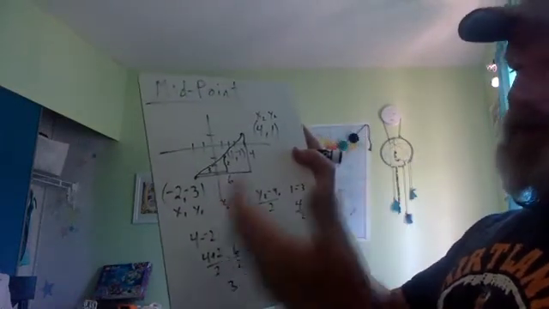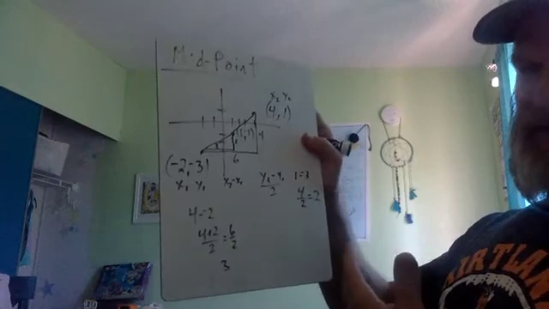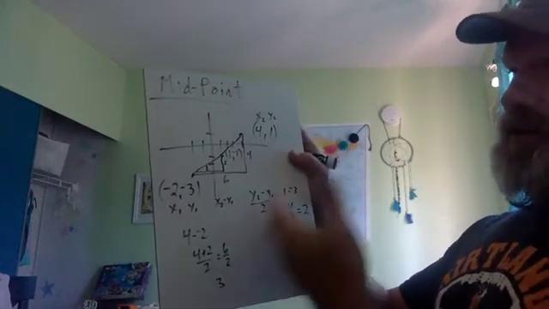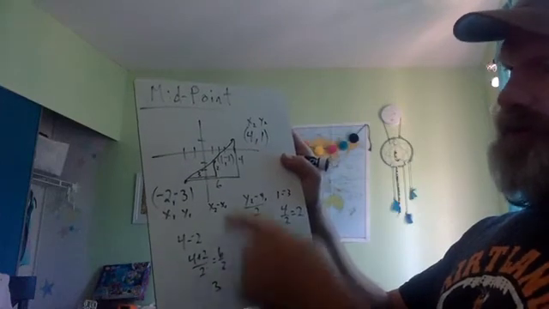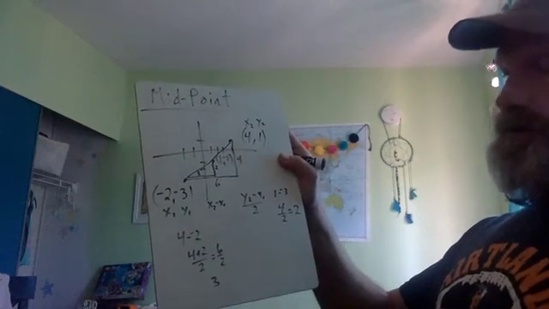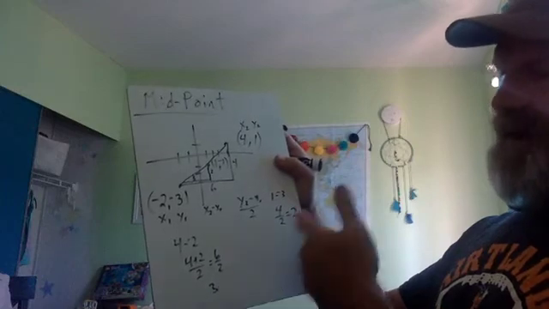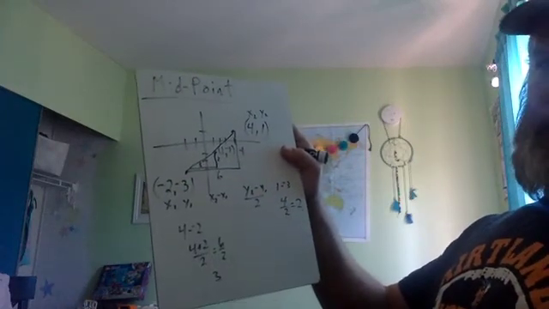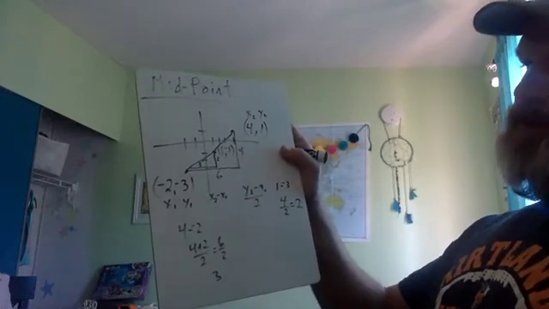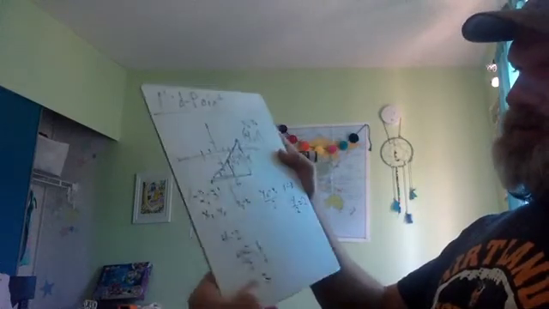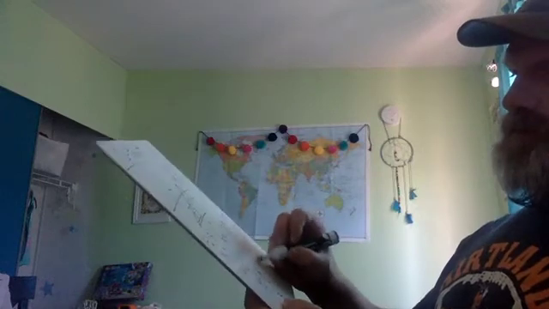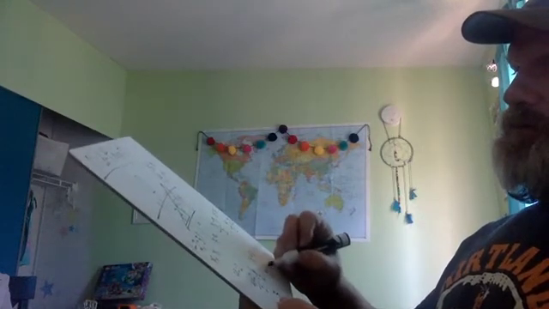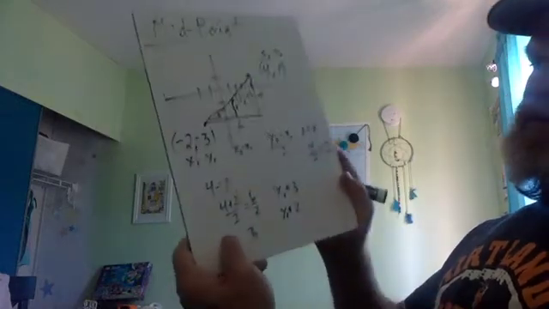So this is the formula, but it's nothing different than what I was explaining by counting. Now you just have a formula to find it. So you have your 3 and your 2, and then you add those numbers to your first point, your x1 and your y1. So it's x1 plus 3, and it's y1 plus 2.